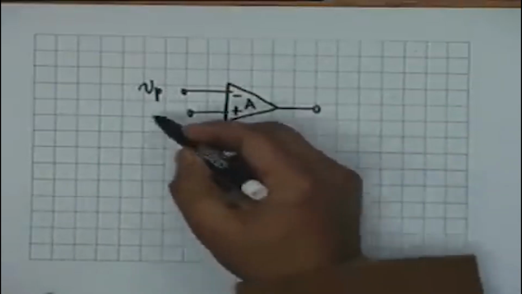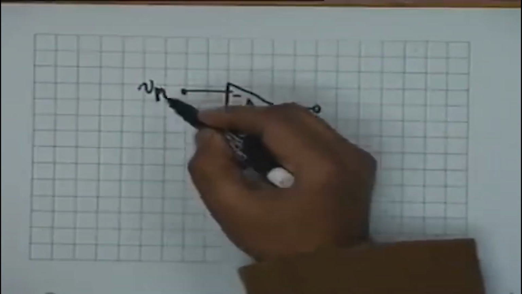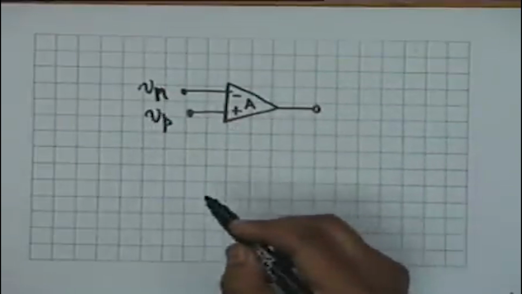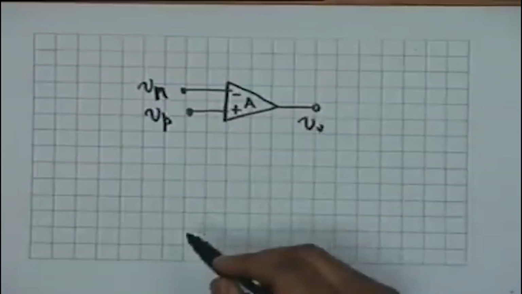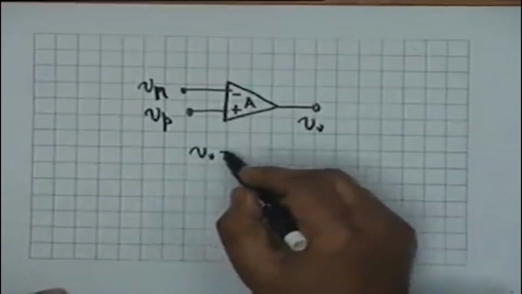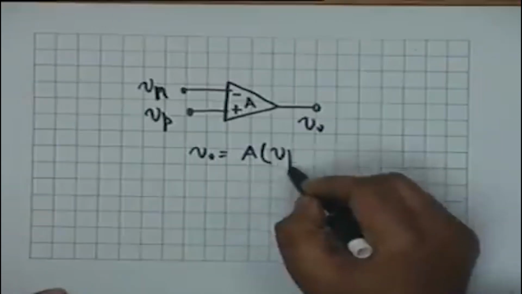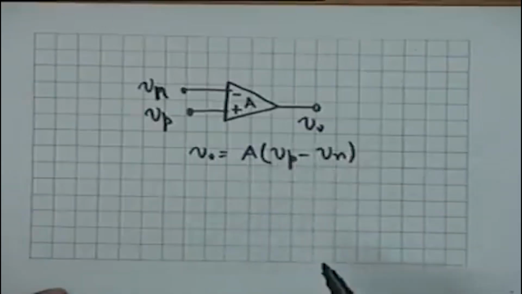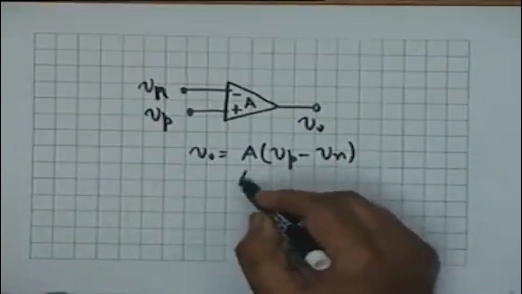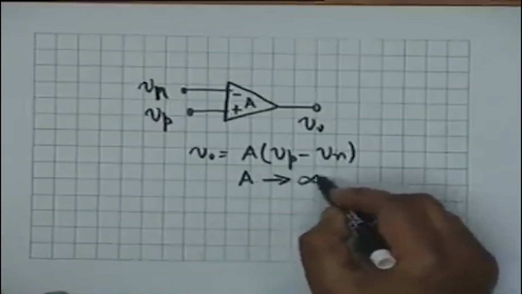And the model of the op-amp is that if the two inputs are Vn and Vp and the output is V0, then V0 is equal to A (Vp minus Vn), where capital A ideally tends to infinity.